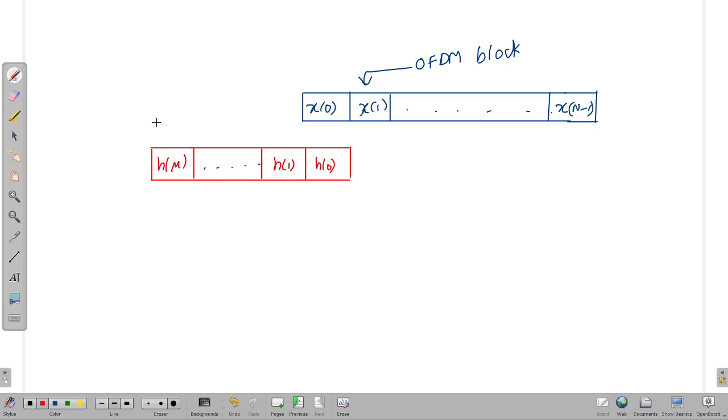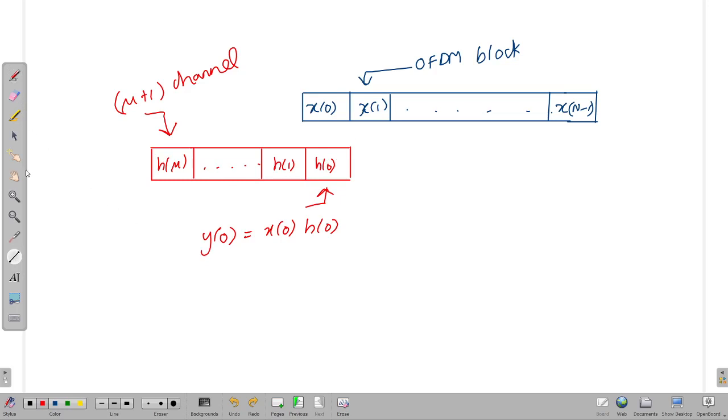It is a mu plus 1 length channel. When the linear convolution happens, at this point you would get x of 0 into h of 0, which is y of 0, and then y of 1. For y of 1, this block would have moved to the right.